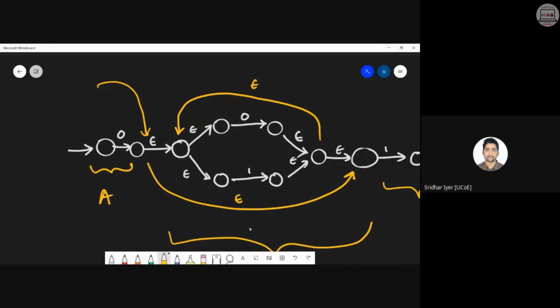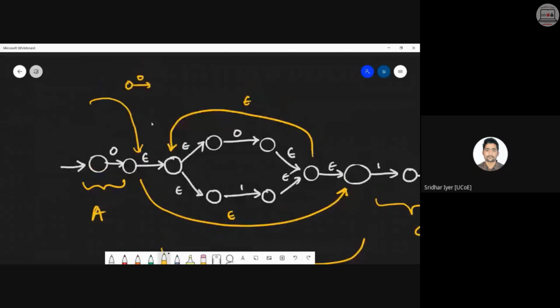Otherwise, you would say that I can write it like this, 0 over here, and from that state can we begin? No, because we need one more state which will directly accept the epsilon into the final state, right? This is that state I'm talking about. We need that state also. So we can't carry the transition directly from the state where 0 is being accepted. We need that one part once again.